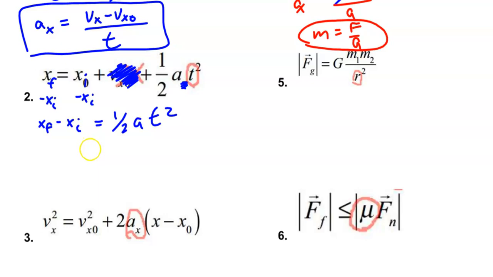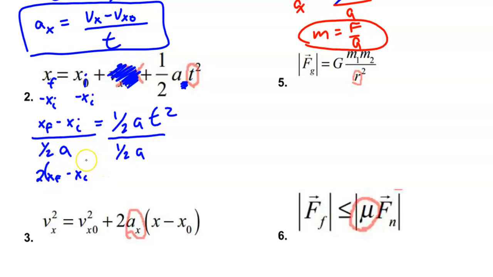Now, to isolate the t, we're going to need to move the 1/2 a over to the other side by dividing. Okay, and when you divide by 1/2, that is the same as multiplying by 2. So put 2(xf minus xi).